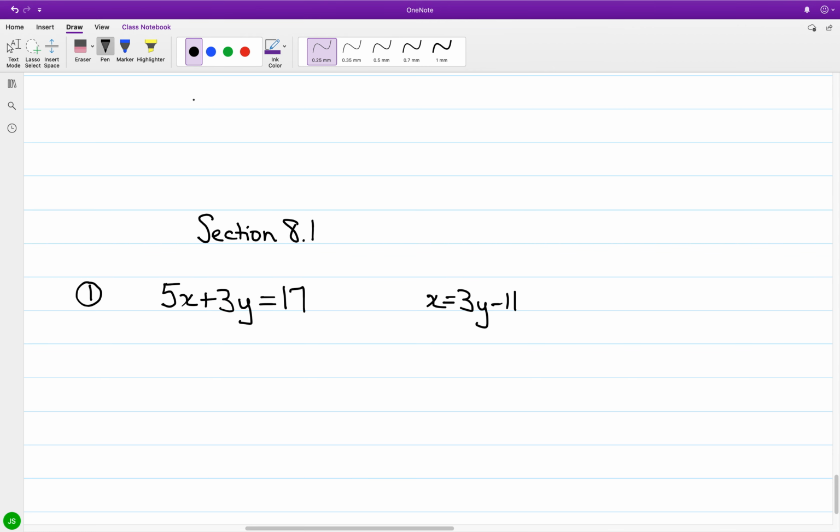Now I have x expressed in terms of y. So what I can do here for this system of equations is take 3y minus 11 and plug it into x for the other equation. So in this situation, I can substitute for x and then solve for y.